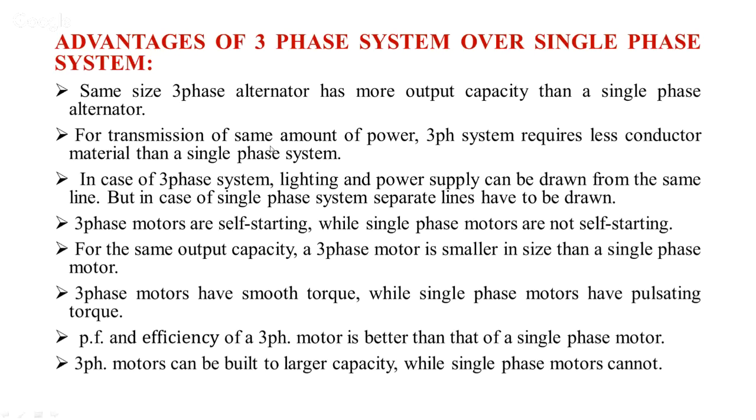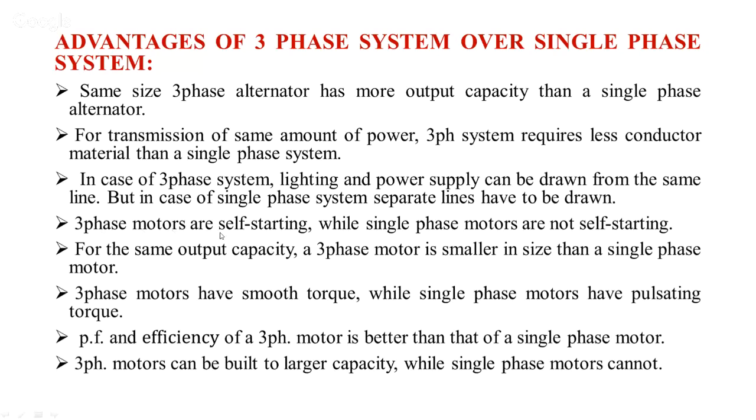For transmission of the same amount of power, three-phase system requires less conductor material than a single-phase system. In case of three-phase system, lighting and power can be drawn from the same line, but in case of single-phase system, separate lines have to be drawn.